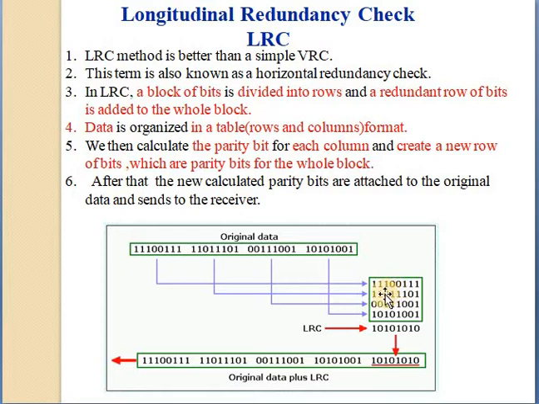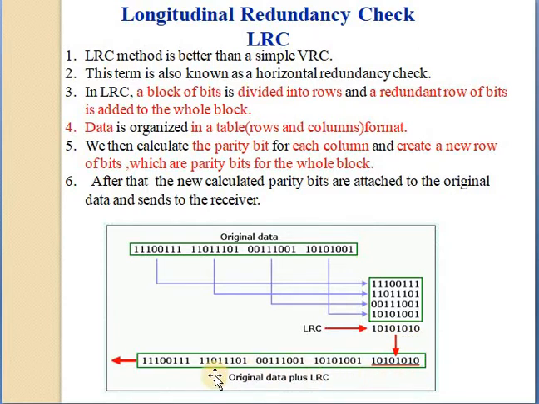After that the number of ones is 3, meaning odd, so we add 1 as a parity bit. After that the number of ones is 2, so we add a 0, and in the last column the number of ones is 3, meaning odd, so we add a parity bit 1, and our LRC is 1 0 1 0 1 0 1 0.